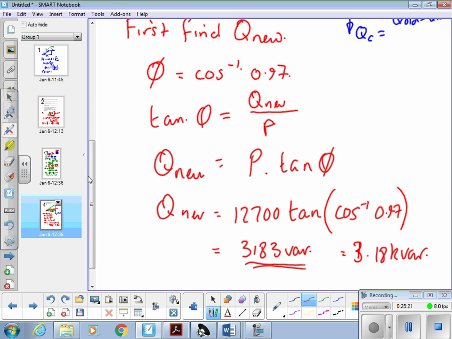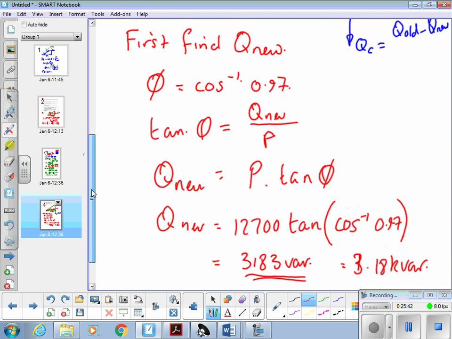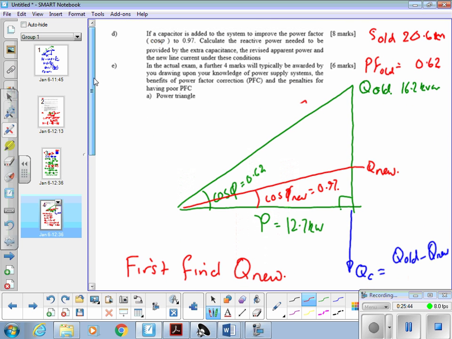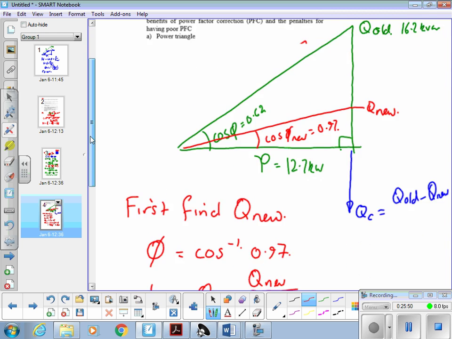Okay, so we've got to get this power factor where we want it. We need a capacitor that will get the overall Q new to 3.18 kVAR. But the question's asking how much reactive power needs to be provided by the extra capacitance.